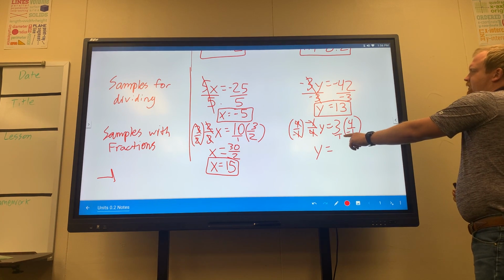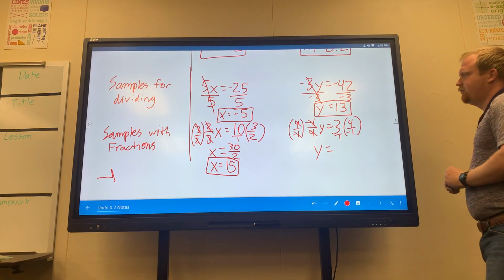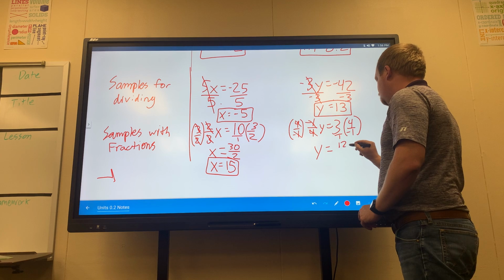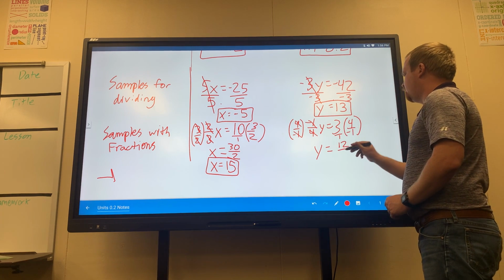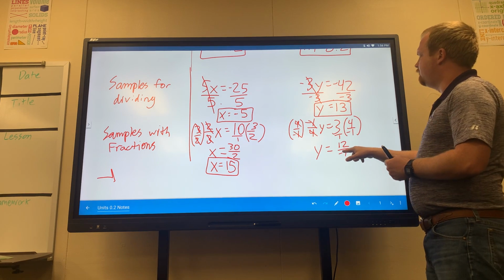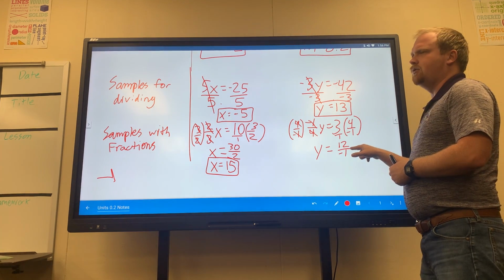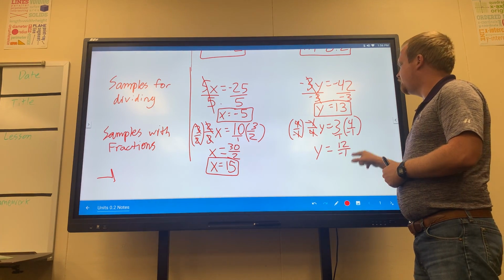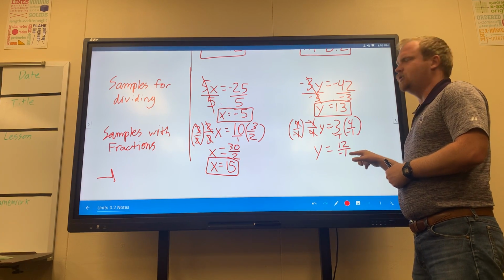Now I'm putting the 1 underneath, so that way when I multiply across, I'm getting 3 times 4, which is 12. 1 times negative 1, which is negative 1. Now remember, just because there's a negative 1 underneath, like this, doesn't mean that this whole number is just a positive 12.